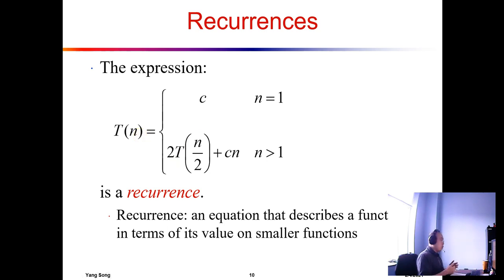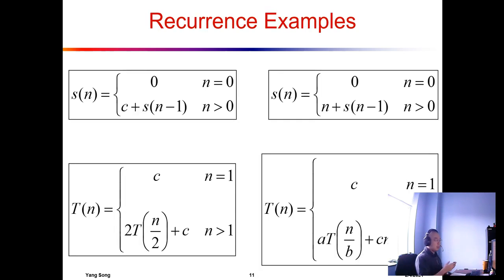One thing I want to say is, it is common, especially if you are analyzing a recursive algorithm, that you will end up with a recursive definition of T(n) like this. And this is not the only type; here are a lot of different types of T(n) you may see.